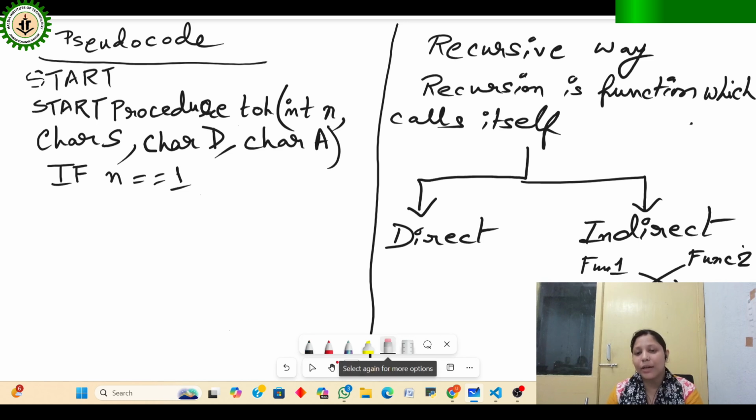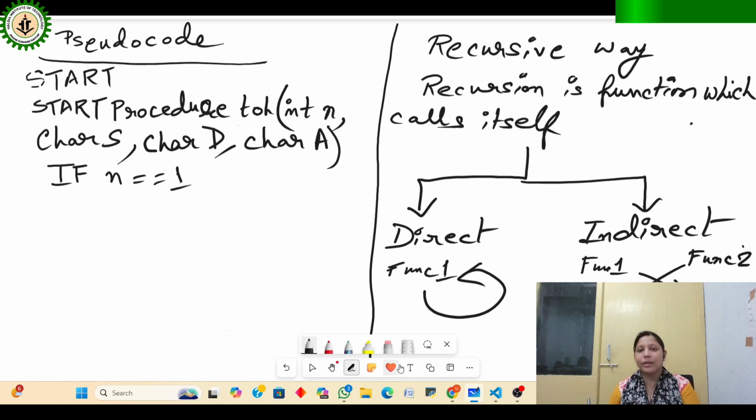But direct recursion is when a function is simply calling itself, like a loop.